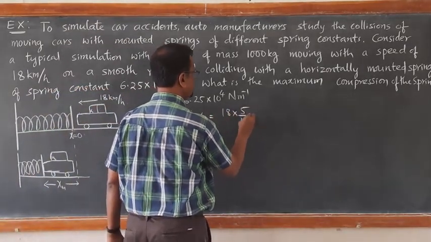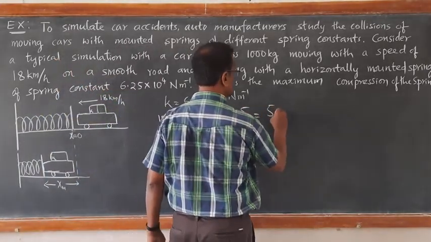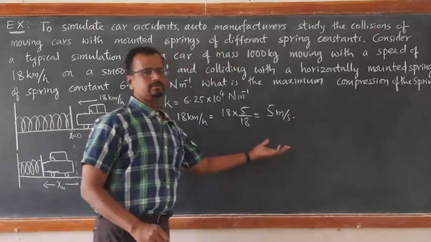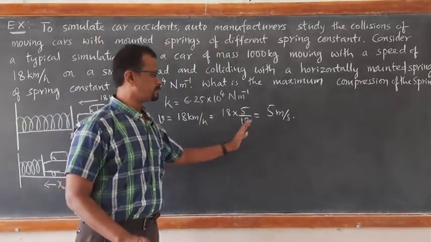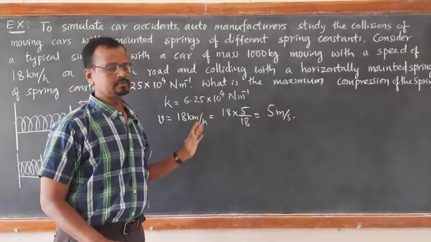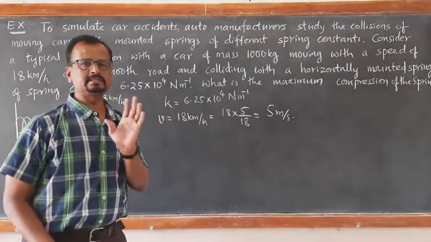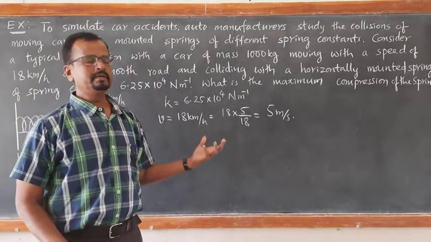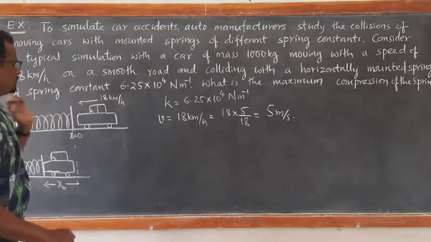So remember, if it is 18 km per hour, you can directly remember 5 meter per second. This is easy to remember. 18 km per hour, 5 meter per second. 36 km per hour, 10 meter per second. If you remember that, it will be easy while solving numerical problems.